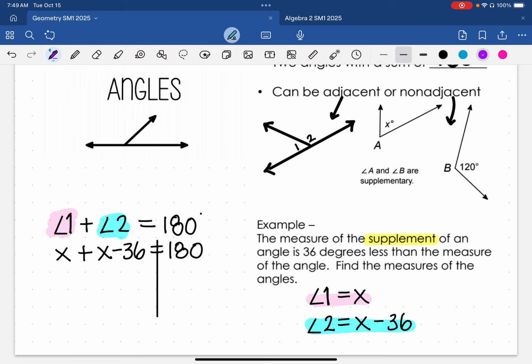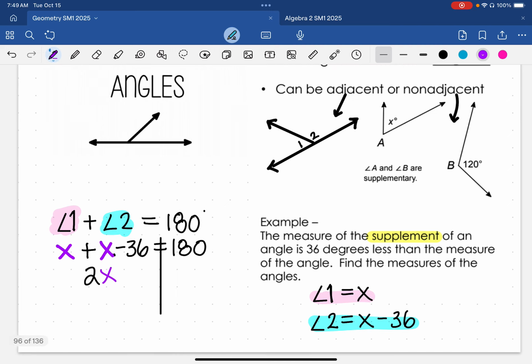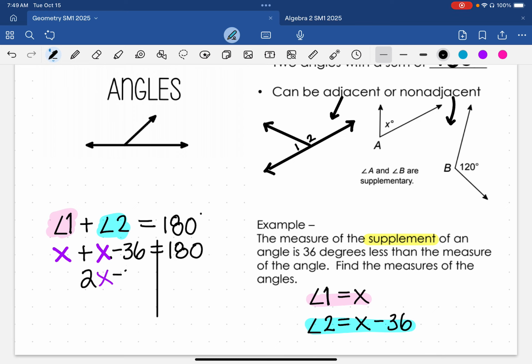Once again, notice that our x's are together on the same side, so I'm going to combine them together. I'm going to pretend like this is not here, which would give me 2x and then minus 36.